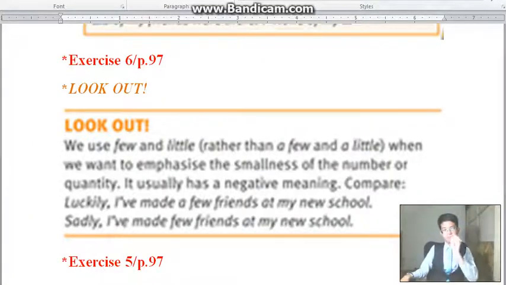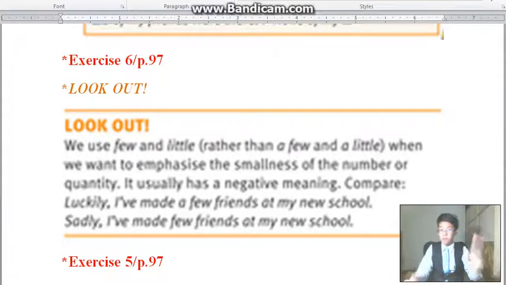So, you can see that we often use few and little more than a few and a little when we want to emphasize the smallness of the number or quantity, like the two sentences given in the look out box.